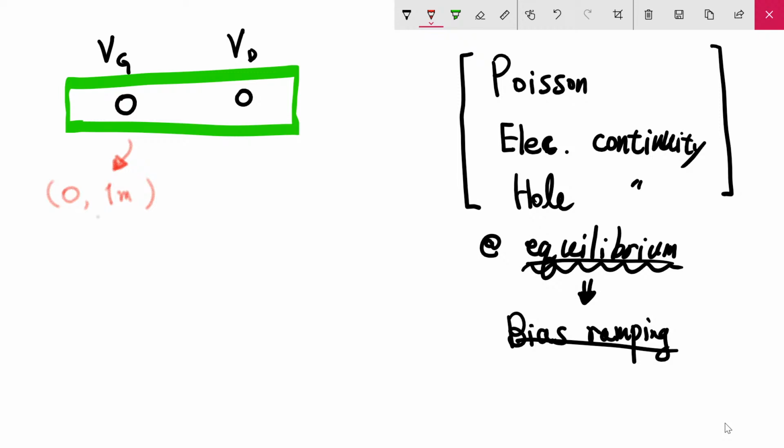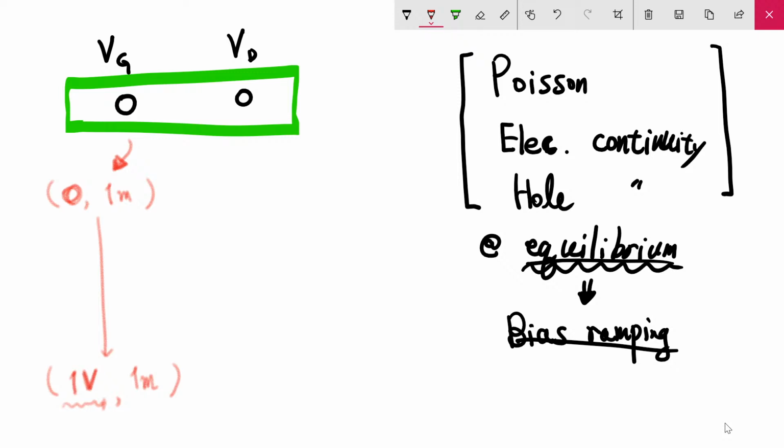After that, keep your drain voltage at 1 millivolt, 10 to the minus 3 volt, and increase the gate voltage to a certain voltage. What was the voltage you have tested for this system? I guess it's about 0.7 over 1 volt. So please, let's try 1 volt.